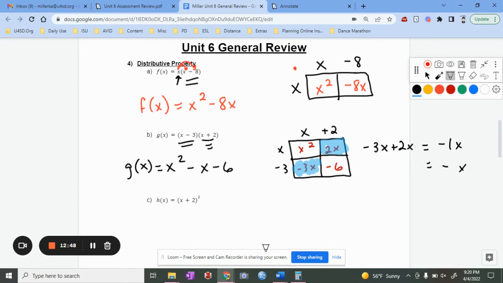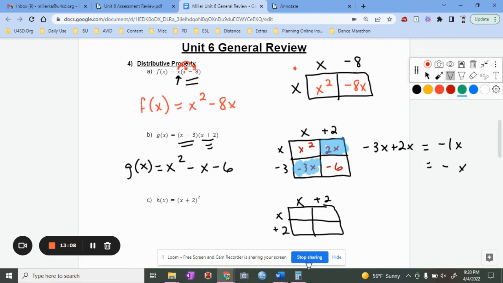Our last one, we are going to take this x plus 2 squared, and that means I have two sets of this. So I'm going to put the first set here, x plus 2, and then the second set across the top.